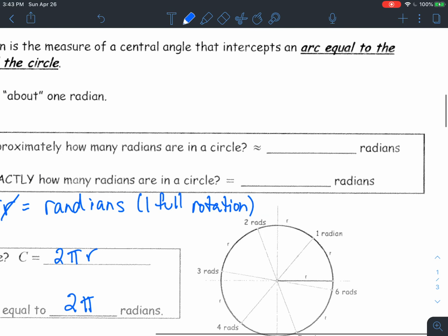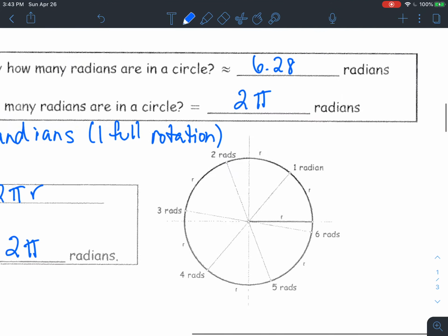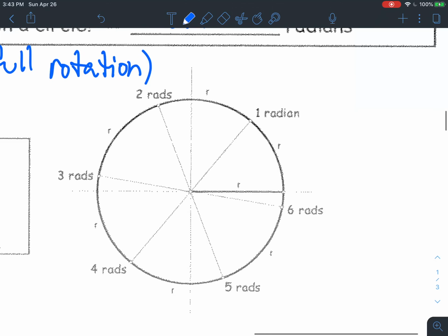So that means going back up here, in 1 full rotation, there are 2 pi radians, which is approximately 6.28 radians. And you can see here that this is just a different visualization of it. Here I've still got my standard position radius. I've got that same length around 1, so that's 1 radian.